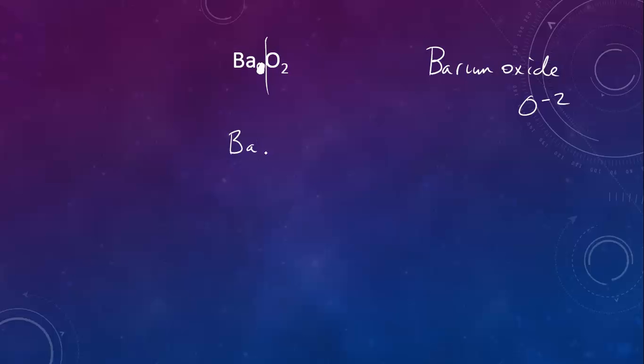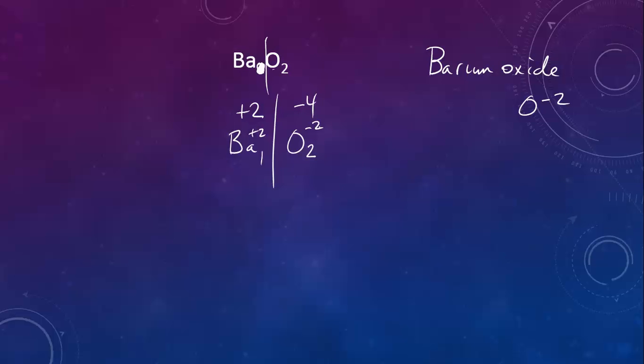Sorry. In order for this to work, this cannot be oxygen. One barium with a +2 charge would give it a +2. If this is plain old oxygen, then you would have two -2s, -4.